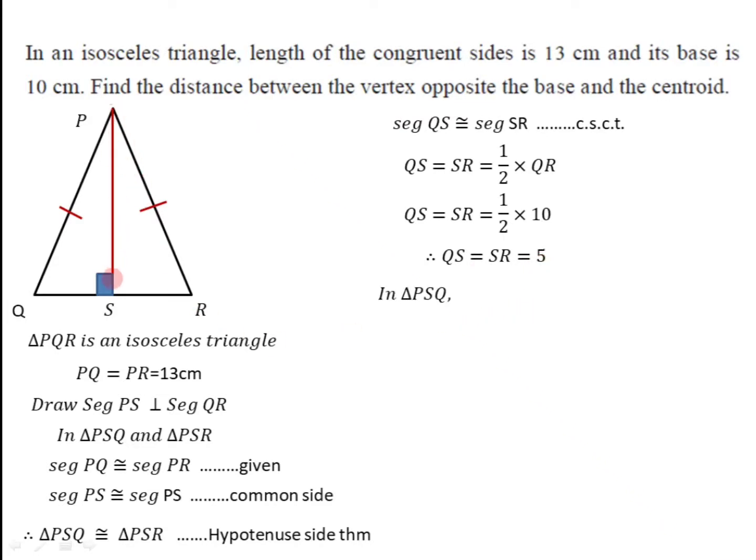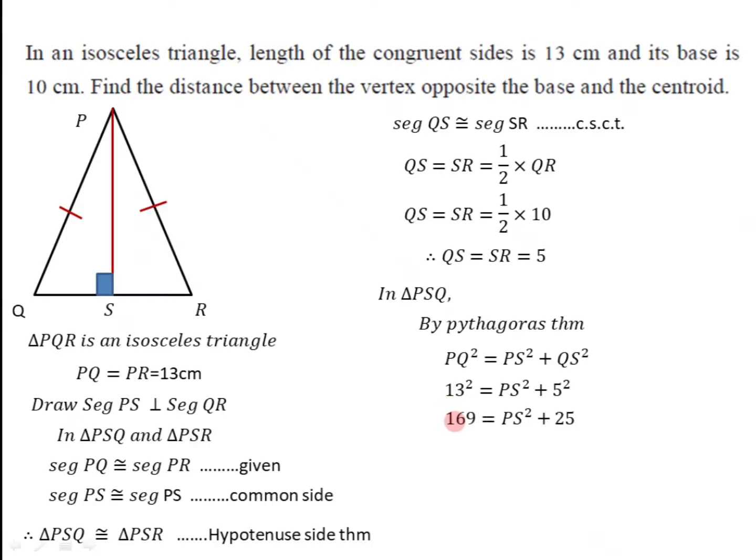Now consider triangle PSQ, which is a right angle triangle, and in that we can use Pythagoras theorem. So hypotenuse square is equal to side 1 square plus side 2 square. Hypotenuse over here is PQ. That's why we can write PQ square is equal to PS square plus QS square. Length of PQ is given to be 13, so we replace PQ by 13 square is equal to PS square plus QS square, and QS is 5, so 5 square.